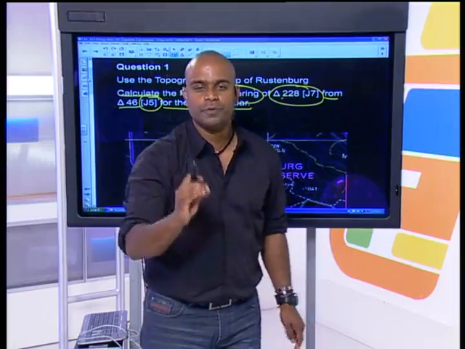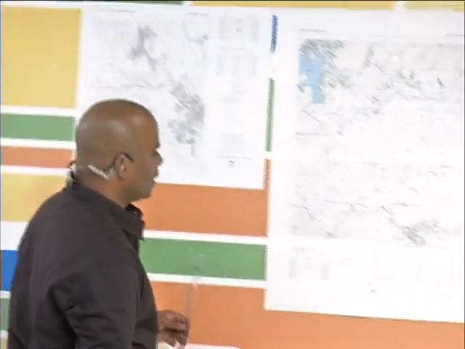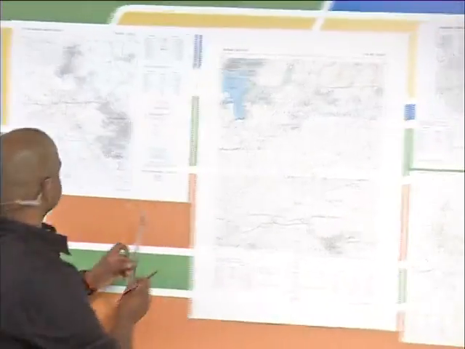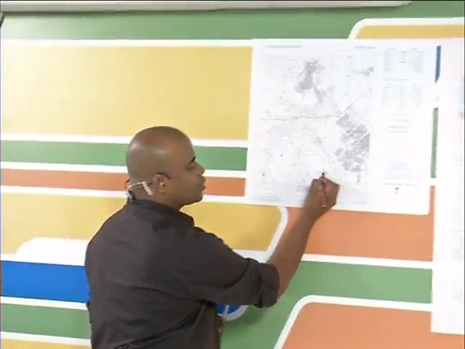Now, what I'm going to do for you is do it on the topographical map. Note that I have to have my ruler. In order to calculate the true bearing, I must remember my 2 points. My points are as follows: trig beacon 228 and trig beacon 46.